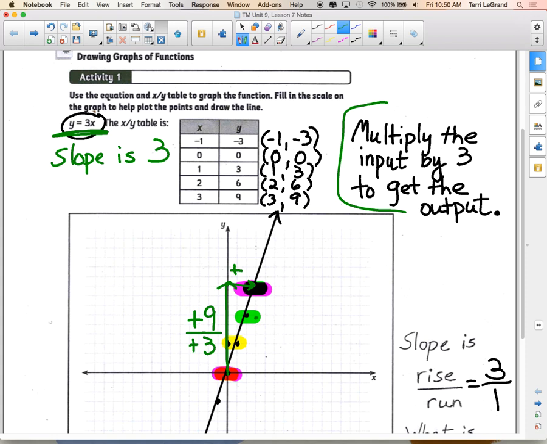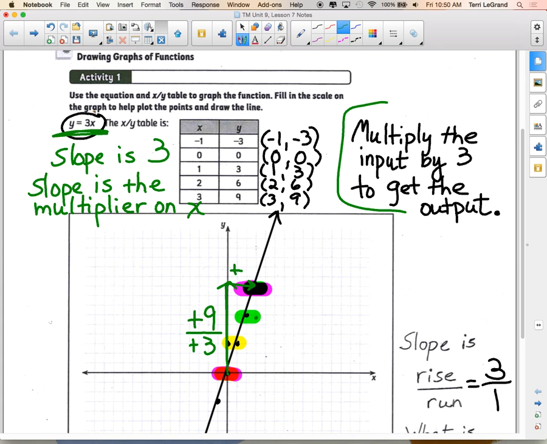So the slope, let's write this too right here. Slope is the multiplier that we call the coefficient on x. It's what are we doing to the input to get the output?